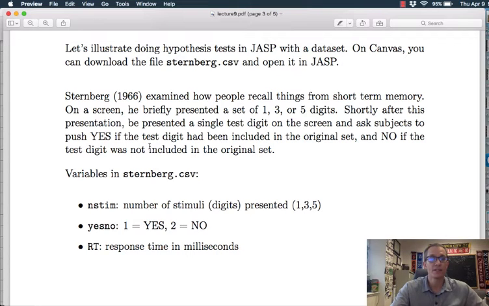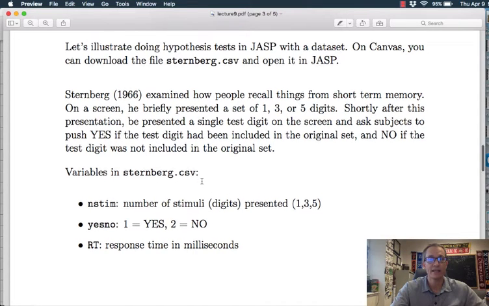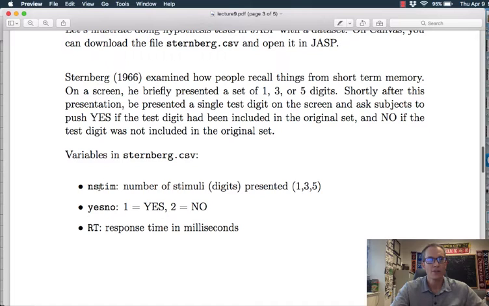That information is encoded in this Sternberg.csv data file as follows. There's a variable called nstem. It's simply the number of stimuli, which are digits in this case, and it's either 1, 3, or 5. There's a column or variable for yes, no, and that is simply a binary variable which is coded 1 for yes responses and 2 for no responses.